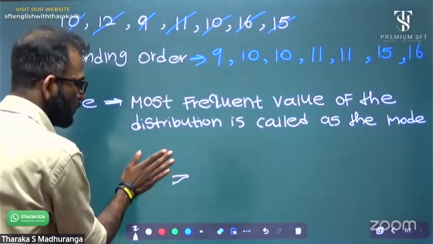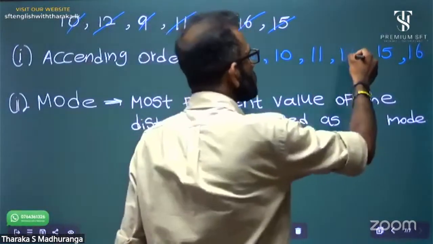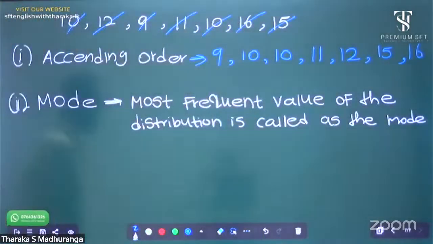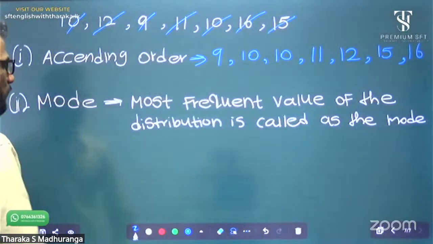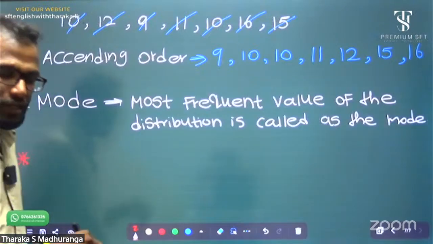Right, then let's go to the previous distribution. Okay, write down with a star mark under the mode, second question.